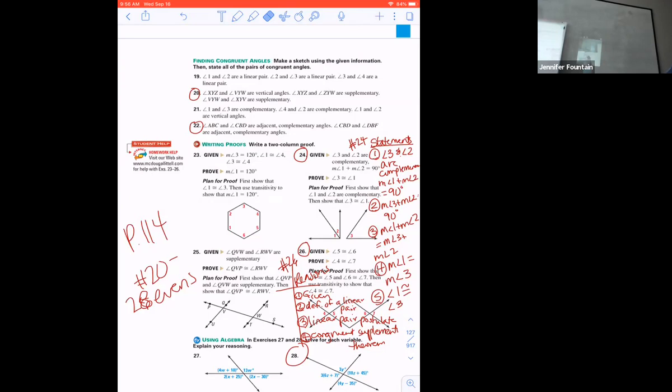And then 26, I gave you the reasons, and you had to fill it out. So look at 26, okay? Step 1 was the given. What is that? Angle 5 is congruent to angle 6, okay?